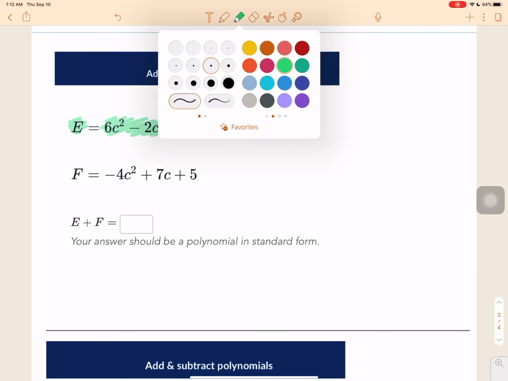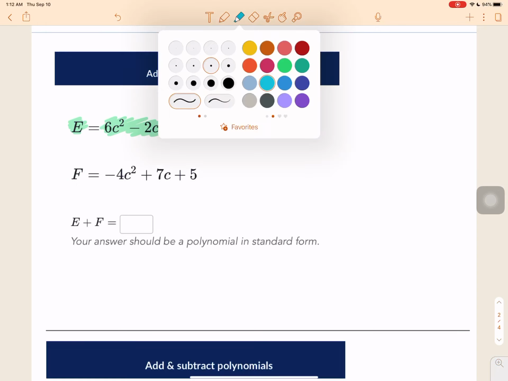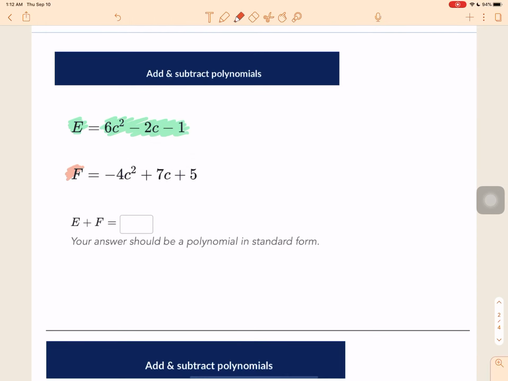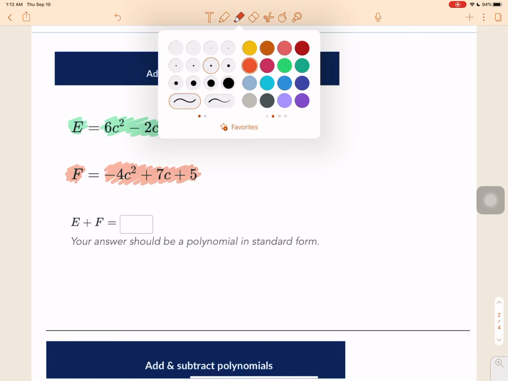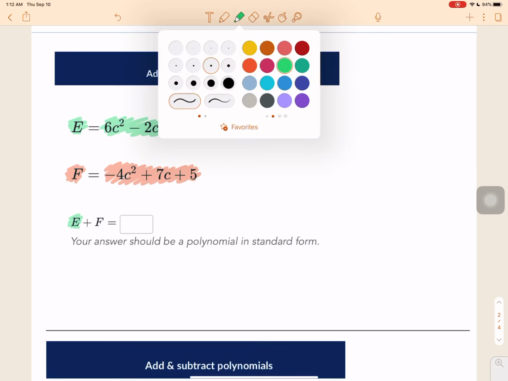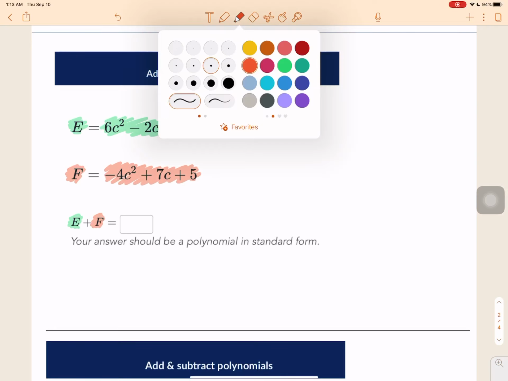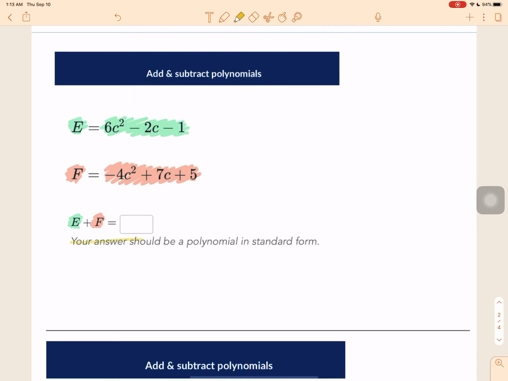And then I know that F, let me use a more distinct color here, that F is negative 4c squared plus 7c plus 5. They tell us that they want us to add E plus F. Your answer should be a polynomial in standard form. It's so important you make sure that you are doing it in standard form.